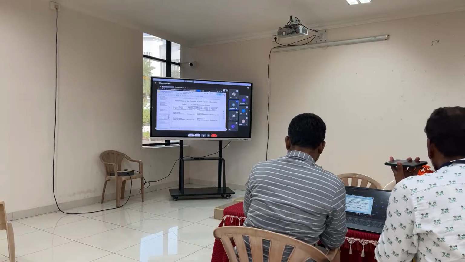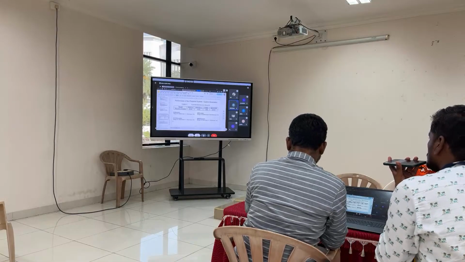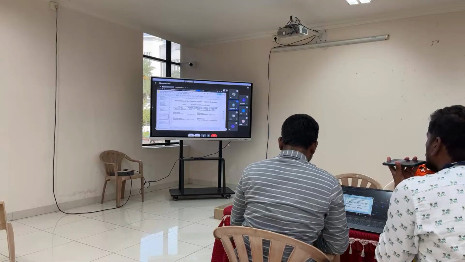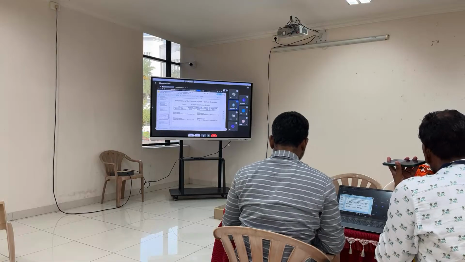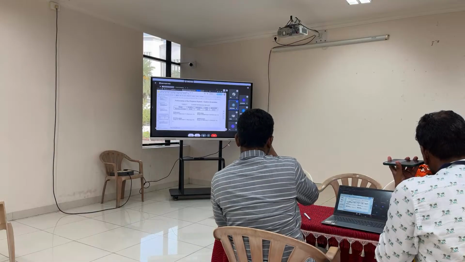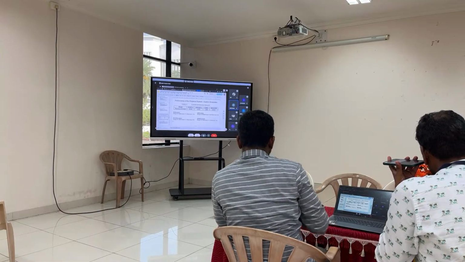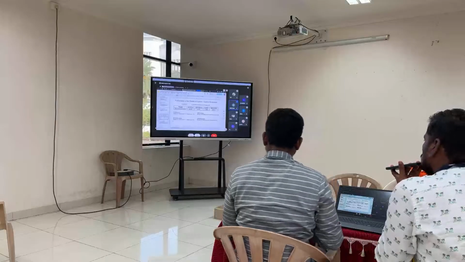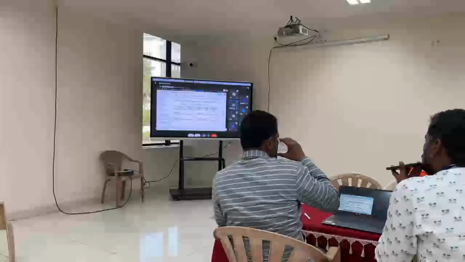We have also implemented some pre-processing techniques such as lemmatization and stemming. So before getting the results, we have pre-processed the text.